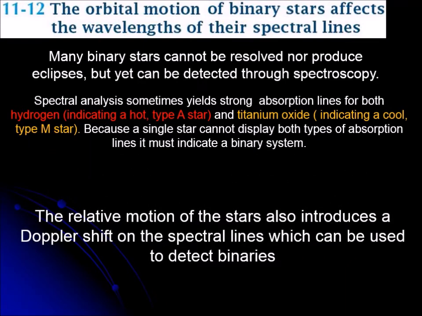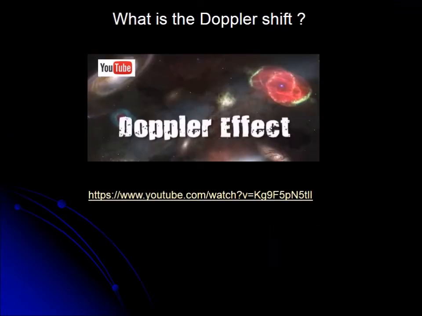There's also another way of finding out that a system is a binary system, and this is by looking at the Doppler shift of the spectral lines. The Doppler shift, this is a video that I urge you to look at on your own. I'm not able to download it, but it refreshes your memory on what the Doppler effect is.